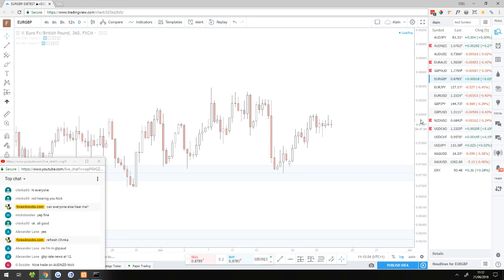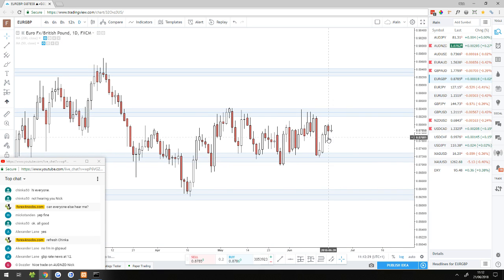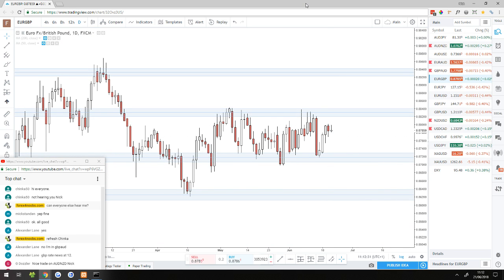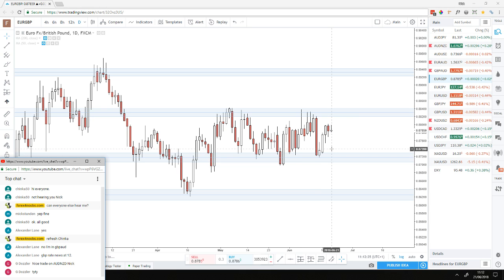All right, so we got Euro GBP up next. Euro GBP has just been so messy lately. It's just gone a lot of sideways. I'm not going to do anything here. It's in a range.